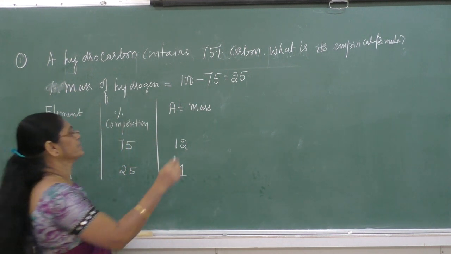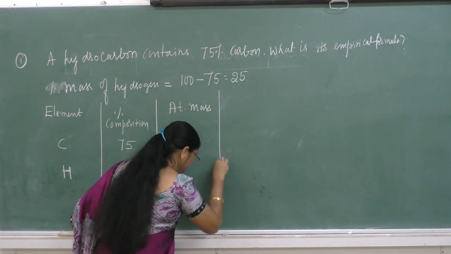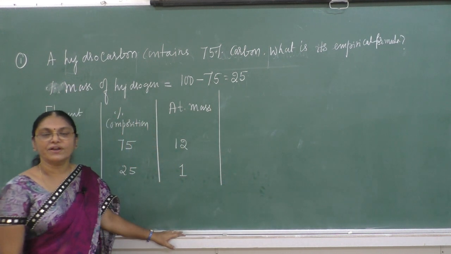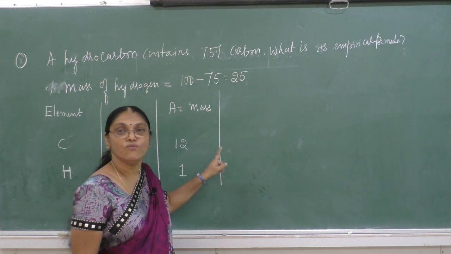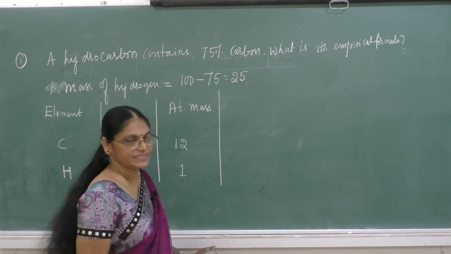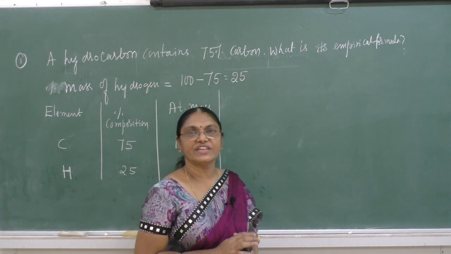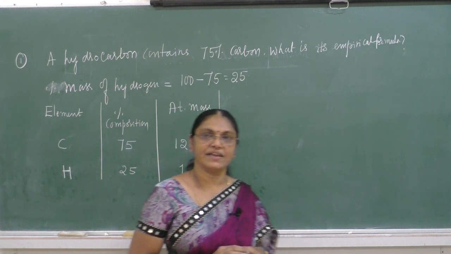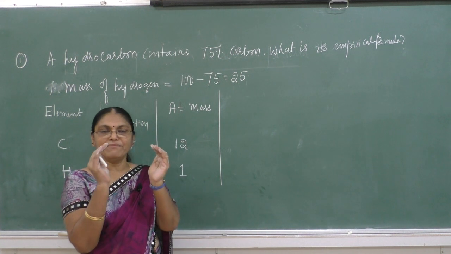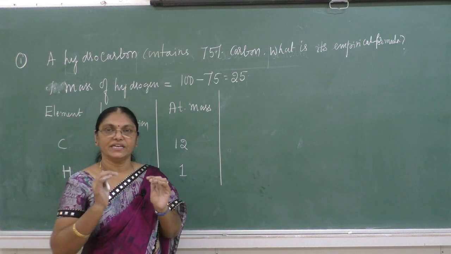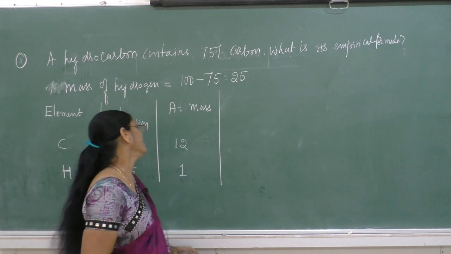Then in the next column, calculate the number of moles of the elements. The number of moles of an element is calculated by the mass of the element divided by its gram atomic mass.